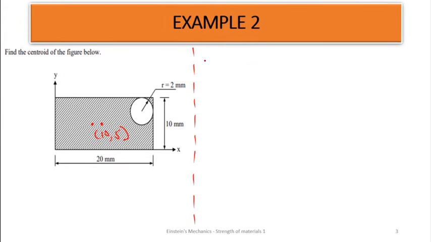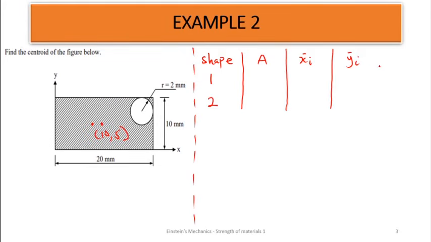So first, using the table approach, I'll get my shape, then the area, I'll get my x bar and I'll get my y bar for each of the shapes. I have 2, 1 and 2, where I can get everything.